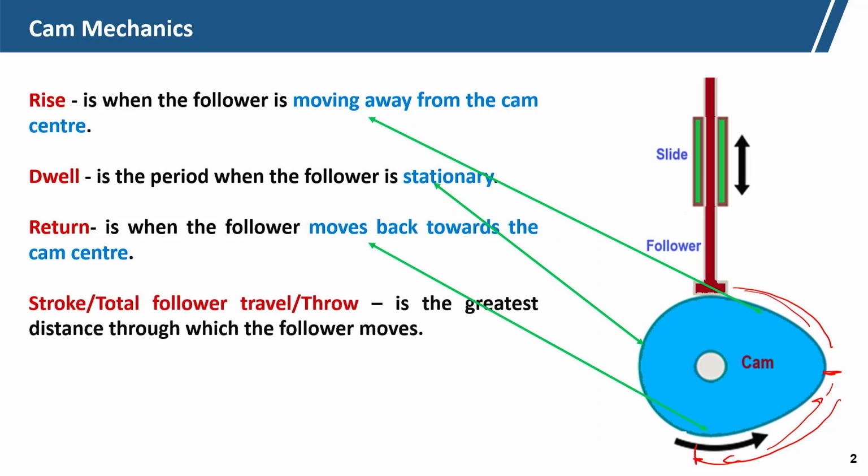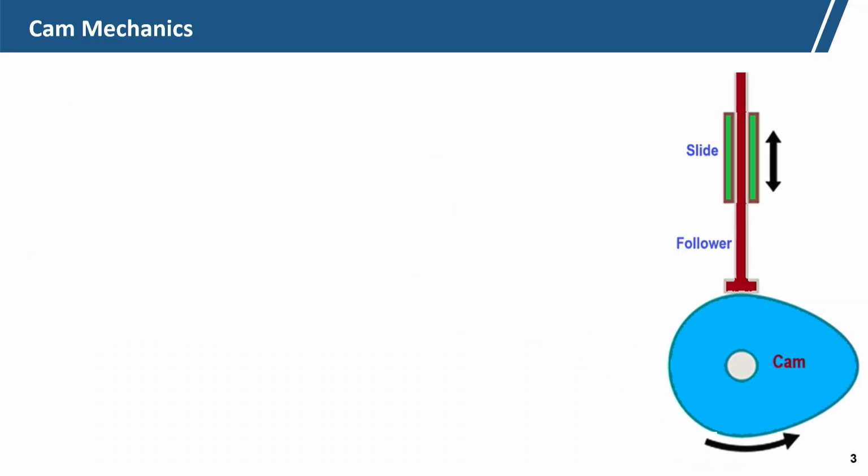Now, stroke, or total follower travel, also called throw, is the greatest distance through which the follower moves. That is basically the difference between the lowest distance from the cam center and the maximum distance; that difference is called stroke or throw.